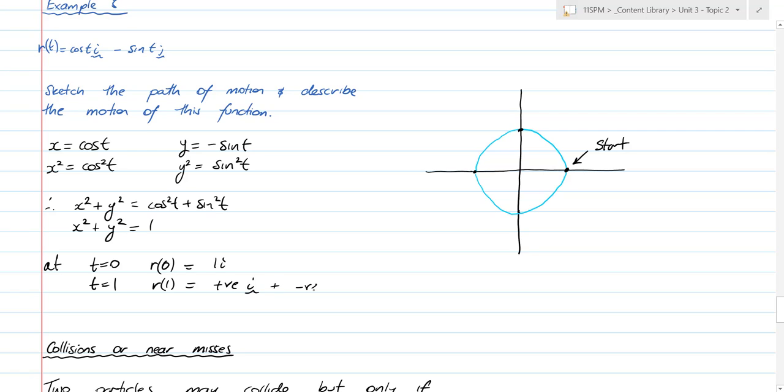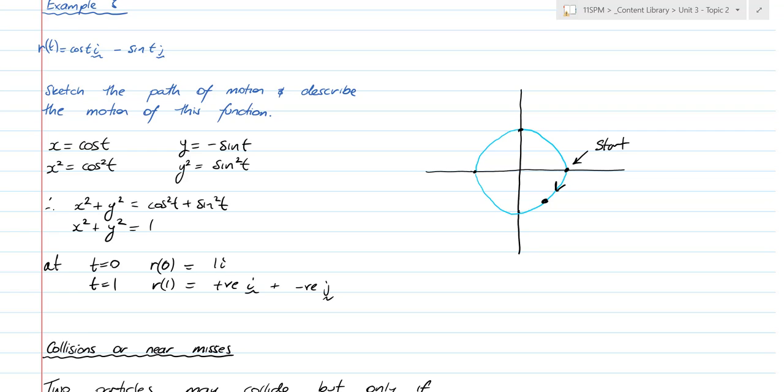Plus a negative j. So a positive i, negative j is somewhere in here, so the direction of motion is that way. So the object starts at this point and moves around the circle in the clockwise direction. After 2 pi, it will be back at the start. So it's got a period of 2 pi.